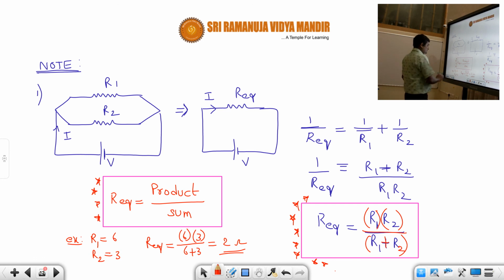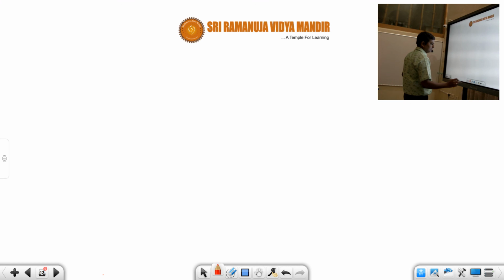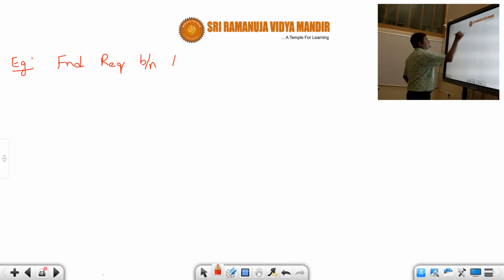So that is the equivalent resistance in parallel. Let us see one simple problem, students. Suppose they ask: find the equivalent resistance between A and B. Suppose they have given it like this.